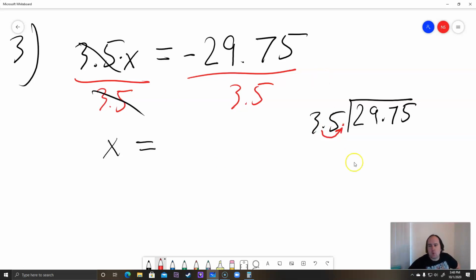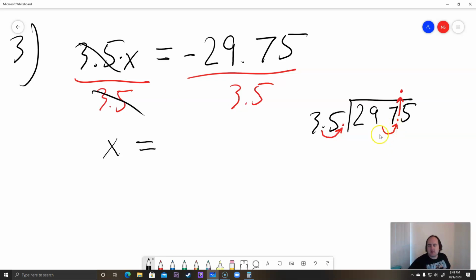Well, I moved it one place to the right, which means I need to also move this decimal one place to the right. Okay, so this one also goes one place to the right. And then that's where our new decimal is. And then, like I said before, you bring the decimal straight up. So our decimal is going to be right up here. Okay? And that's the only part that's different from the other problem.